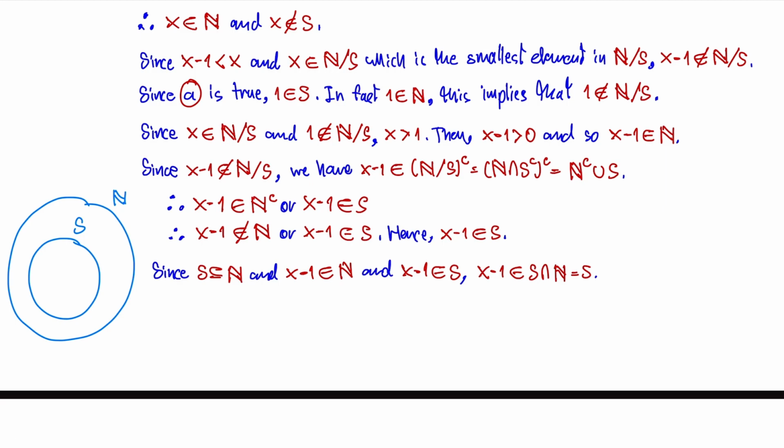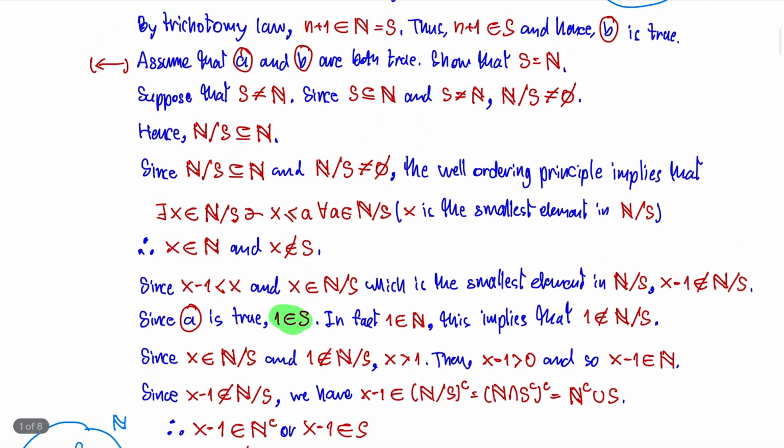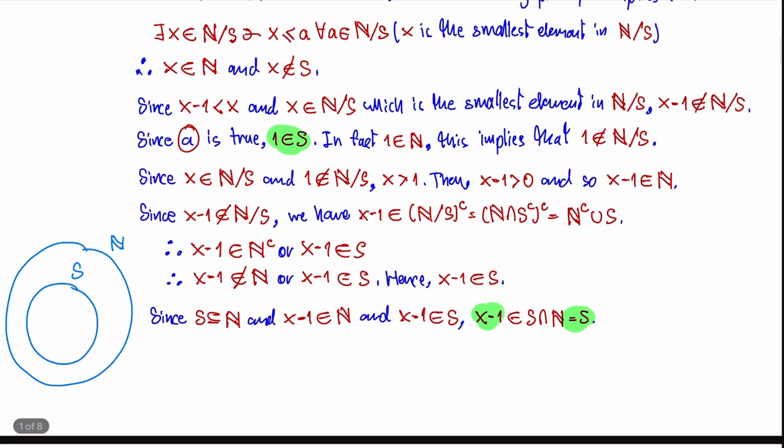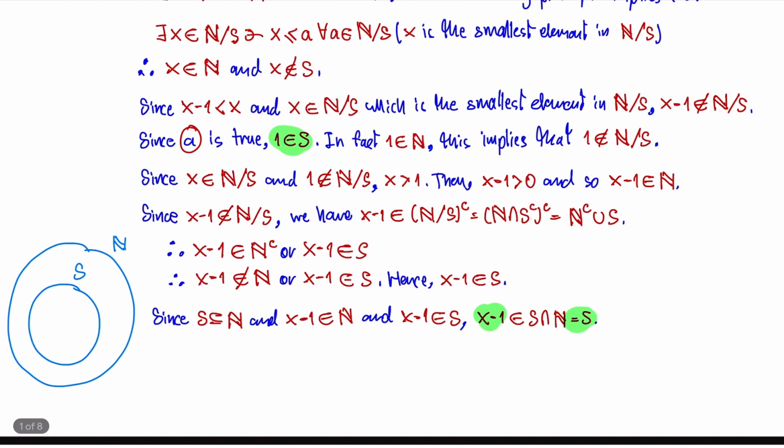So, what can we do? We have 1 in set S right here, and X minus 1 in set S right here. I want to use B. Okay, let's go.